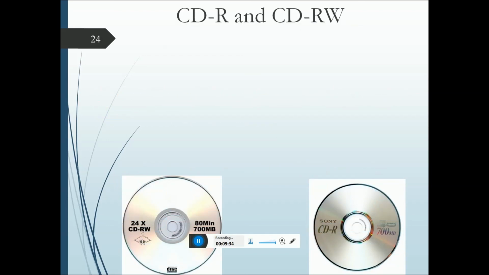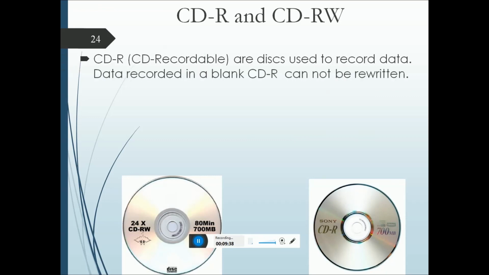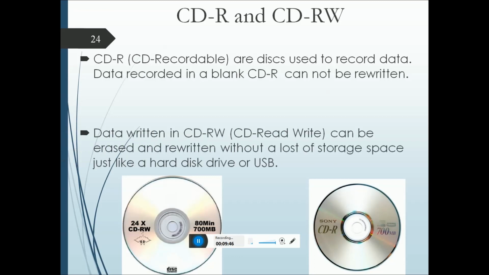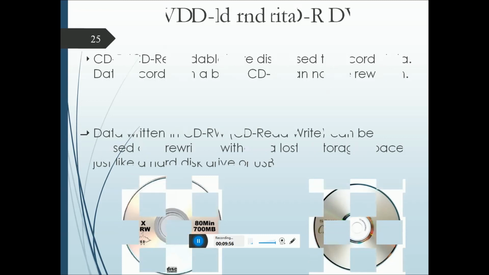CD-R and CD-RW: what are the main differences between the two? The CD-R is recordable; data is recorded on a blank CD and cannot be rewritten. With a CD-RW, you can read and write data, and erase and rewrite it any number of times.